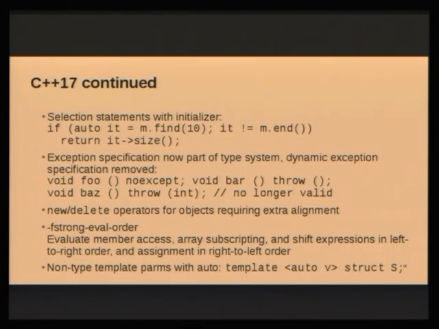Another feature is that C++17 added some requirements on the evaluation order of operands. GCC now has this new option, which has three possibilities: equals none, equals some, and equals all. -fstrong-eval-order=all is the full requirement of C++17, which means that there is a constraint on member access, array subscripting, shift expressions, and assignments.